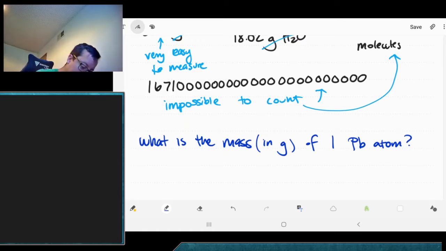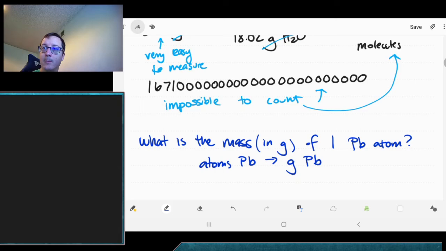We're going from atoms of lead to grams of lead. Pb is lead. Comes from Latin plumbum. Or is it Greek? One of the two. And so that's where the letters Pb come from. That means lead, though. It's one of our elements.